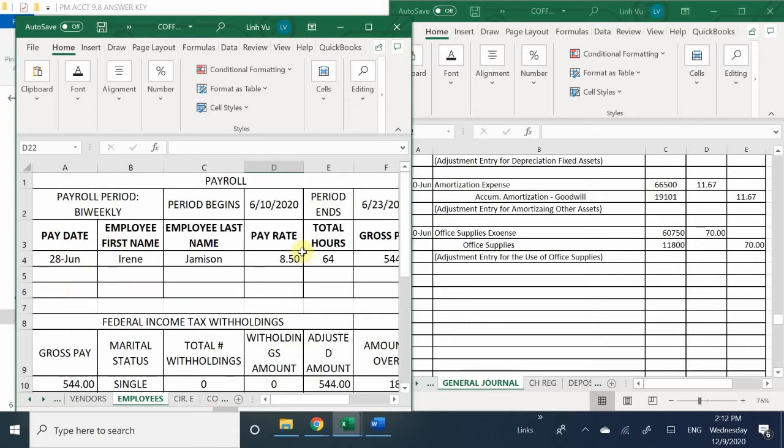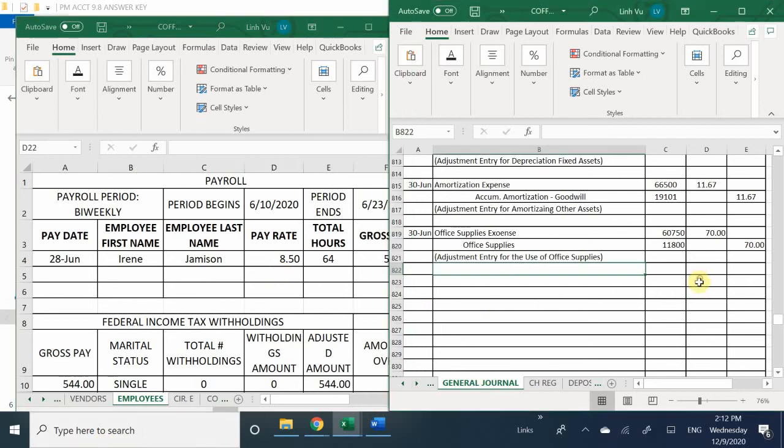We're just looking at how much her cost is. Now, if she worked a whole week, assuming 5 days is 8 hours, how many hours did she accumulate? 40 hours. So 40 times 8.50, how much is that going to be? $340. Okay, $340. That's how much I'm going to owe her.